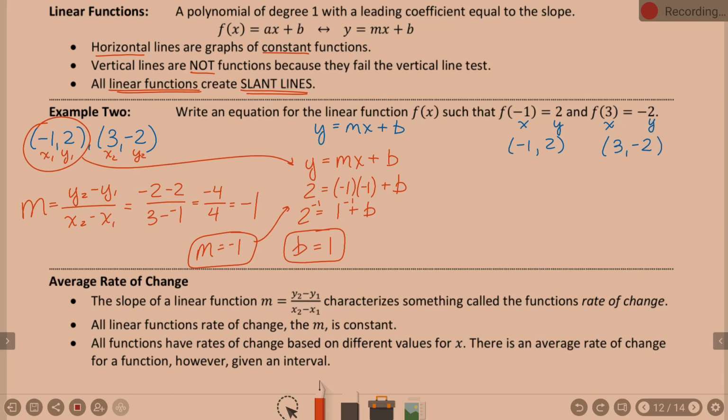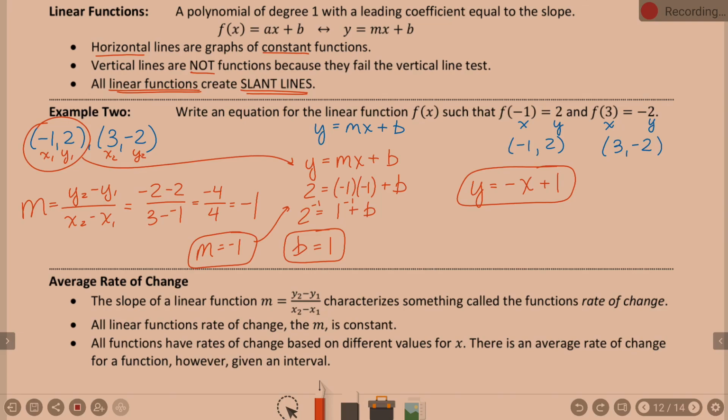So now when you write your answer, what are you going to write? Y equals negative x plus 1. You guys okay with that? Negative 1x plus 1, which is negative x plus 1. Now, officially it said write an equation for the linear function f of x.